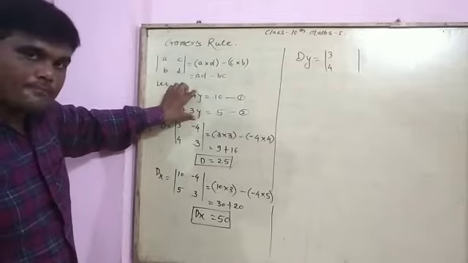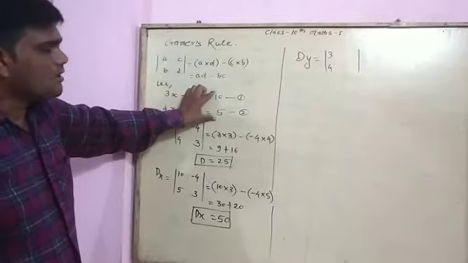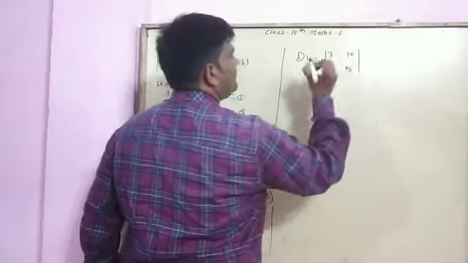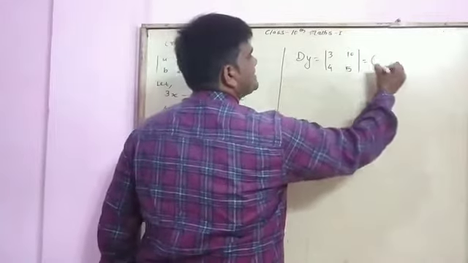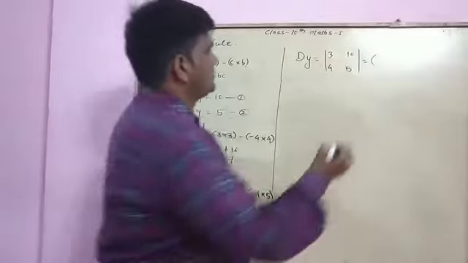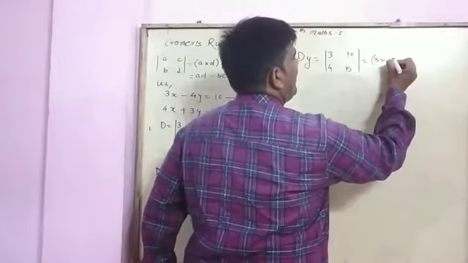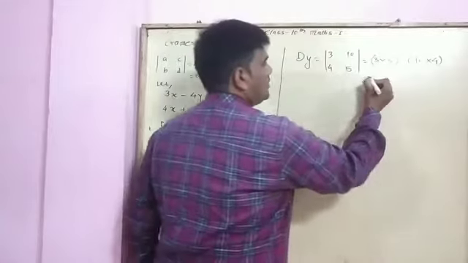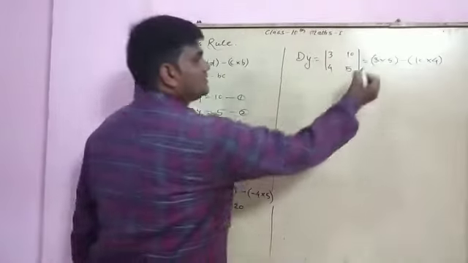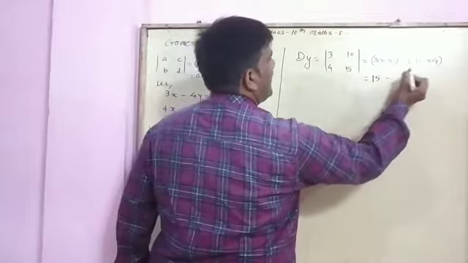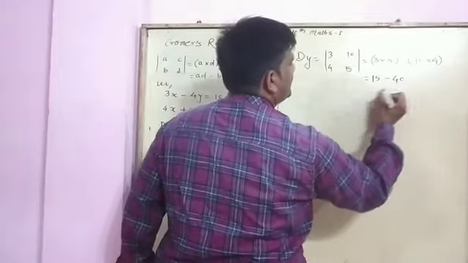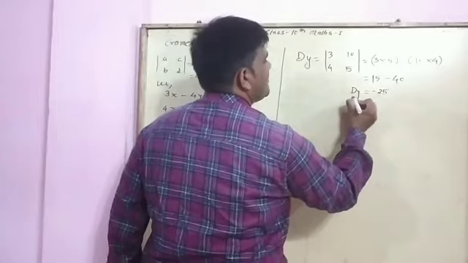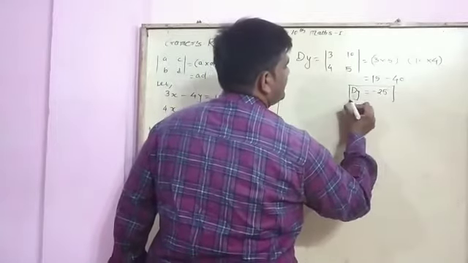In place of the coefficient of y, you write the constant terms 10, 5. Then solve: 3 into 5 minus 10 into 4. 3 into 5 is 15, minus 10 into 4 is 40. That is equal to minus 25. This is the value of Dy.